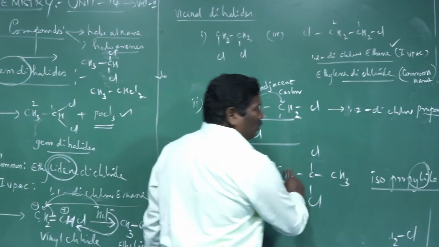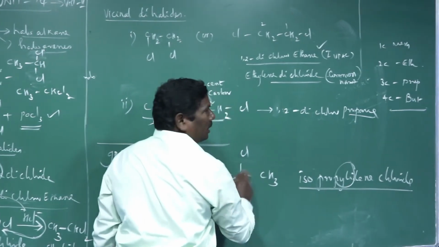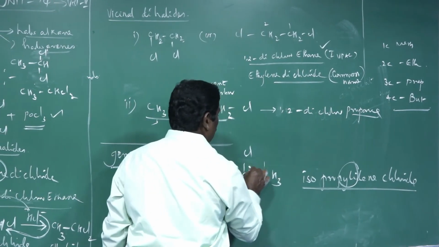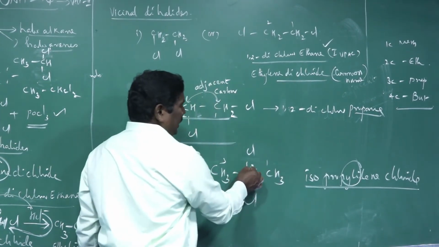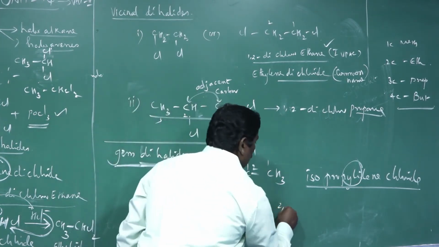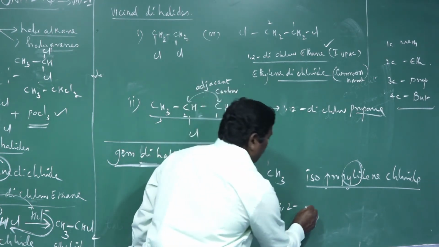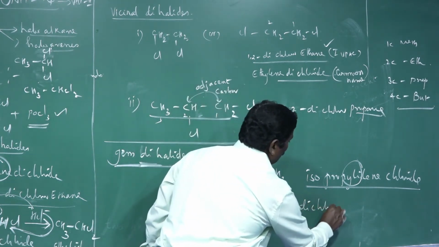Now in this case, how to write the common name and IUPAC name? You see here the IUPAC numbering 1, 2, 3. In the second carbon, two halogens are present. Now you write 2,2-dichloro.